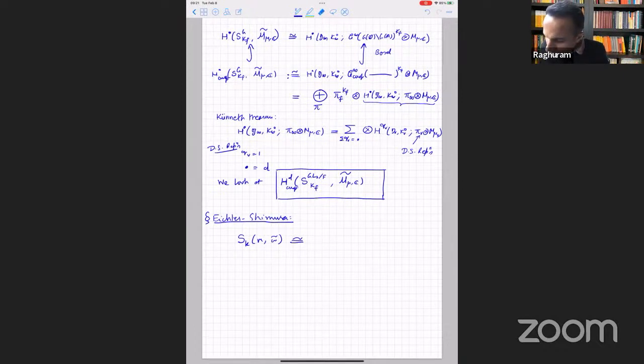There's an isomorphism of this. The easy part is to say that this goes into this (g, K) cohomology.